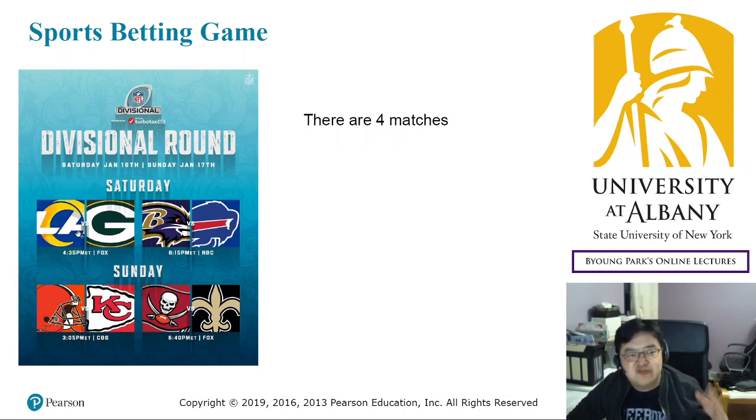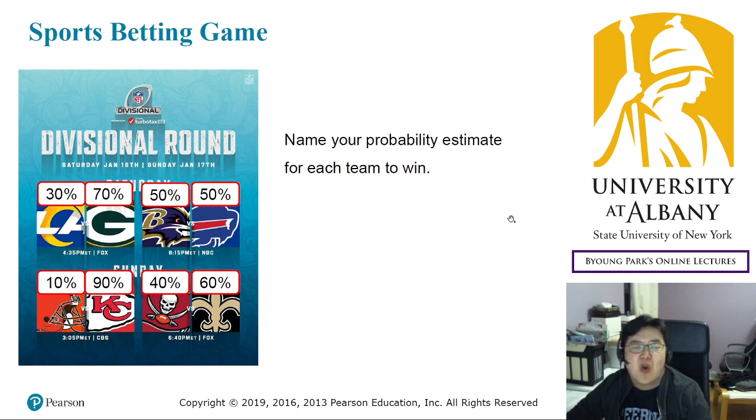Usually, you have to choose who is going to win. However, now I will consider a slightly different way of playing. Instead of simply naming one team, you have to assign a probability of winning to each team.